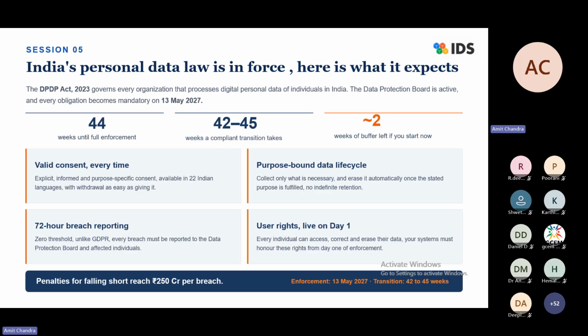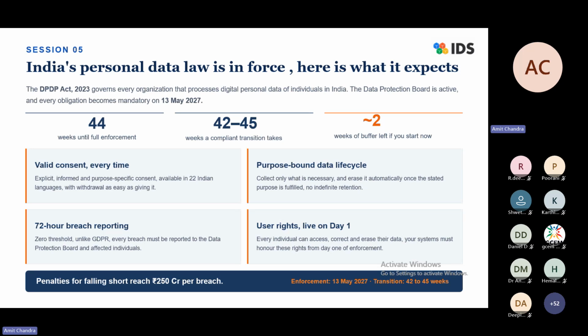In between, the organization has to make sure that it is ready with all the compliance. Looking at that scenario, you are on a cut-to-cut basis where you have to start from now, so that your organization will be DPDPA compliant by 13th May 2027.